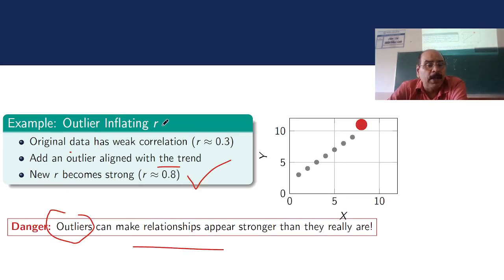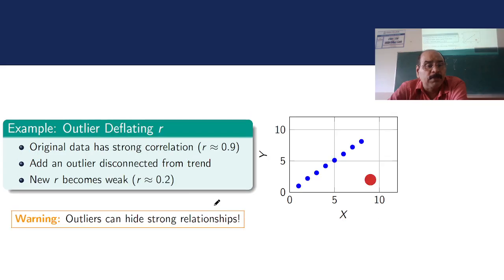So this is about inflating correlation. An outlier has increased this, and similarly you can have an outlier that is deflating. Sometimes it can actually hide a strong relationship, or show that the relationship is not that good in spite of the fact that the relationship is very strong, except for one or two particular values.